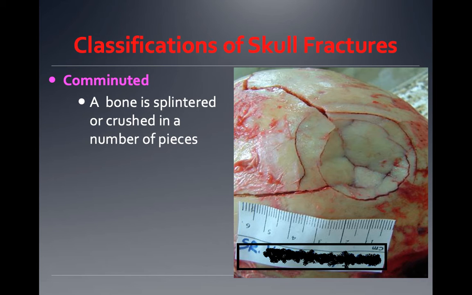And so what happens is there's a lot of force in this area here, and this creates a circular fracture. And then you have multiple fractures from the increased pressure that compression of the brain causes, or the vault cavity causes. Then you have these cracks that go out from there.